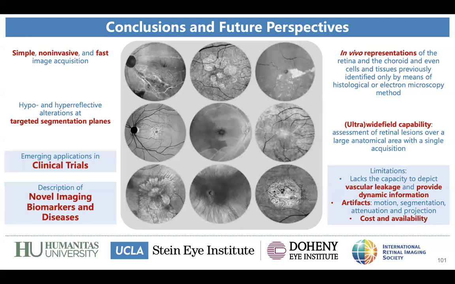This is especially important in inflammatory disorders. In the future it would be very interesting to address this limitation and possibly correlate ANFAS OCT with leakage using dye-based angiographic techniques. This is just a quick conclusion and summary slide about everything.